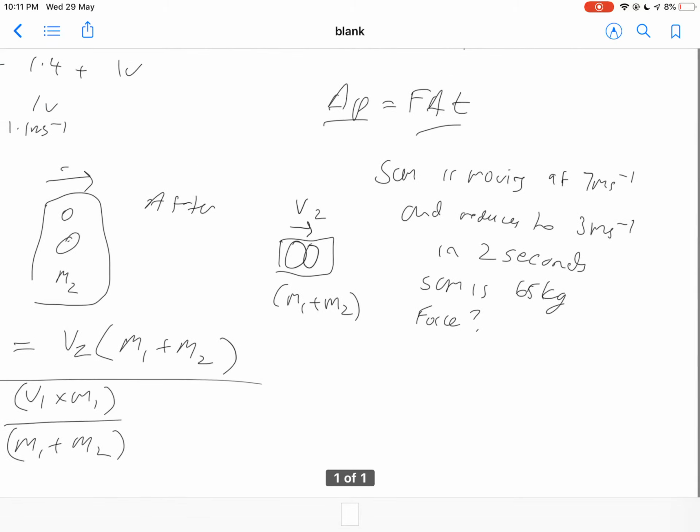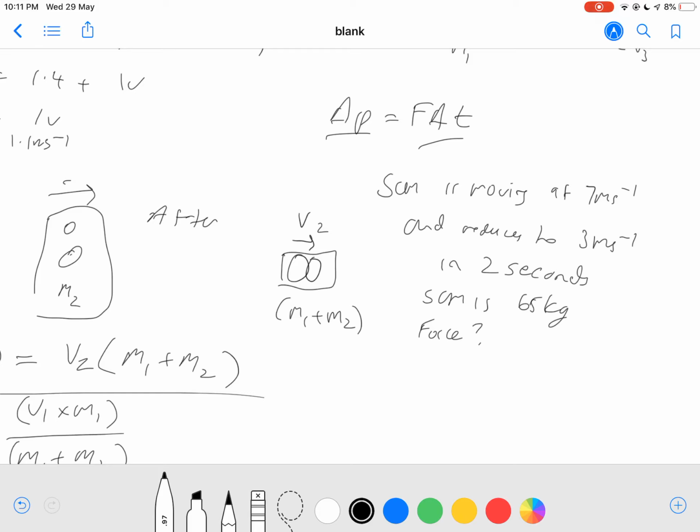Sam was initially moving at 7 meters per second, and now it's reduced to 3 meters per second. So the change in velocity is 4 meters per second, and change in p equals mass times change in velocity.